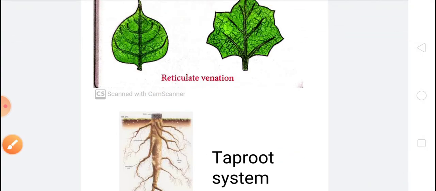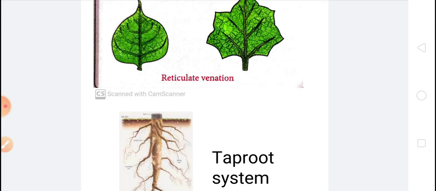Okay, the veins of the leaves of the plant with a taproot seem to emerge from the midrib and form a net-like pattern. You can see in the picture the net-like pattern on both sides of the leaves. This is called reticulate venation.